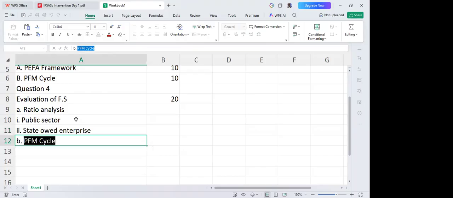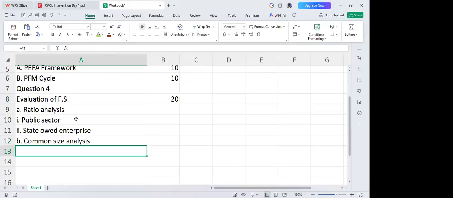Then we can have that of common size analysis. Then lastly, we can have that of budget performance reports, which deals with the variances.